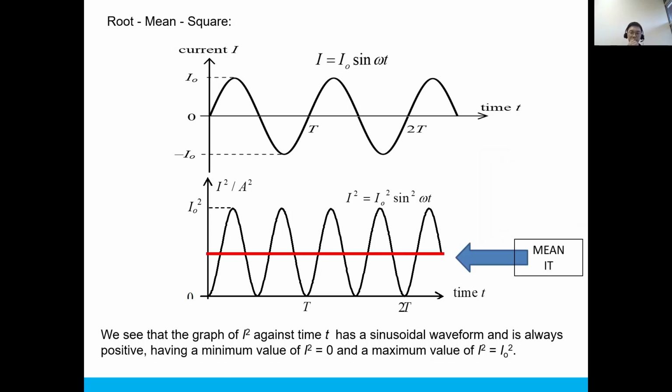And here is where your mathematical knowledge comes in, that the mean value of a sine squared curve is just half of the maximum value. And you can see clearly that the area above is equal to the area below the graph. So there you go.